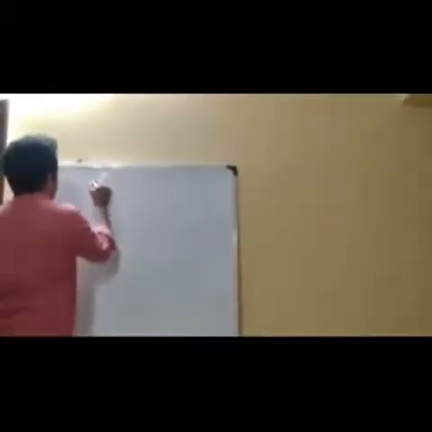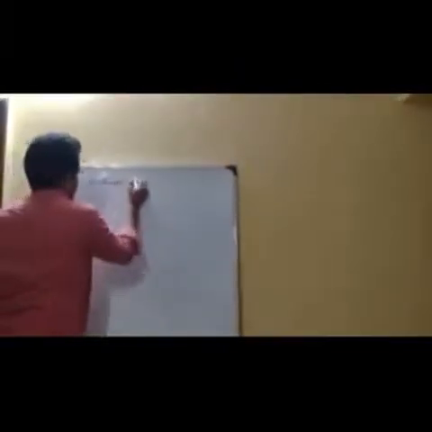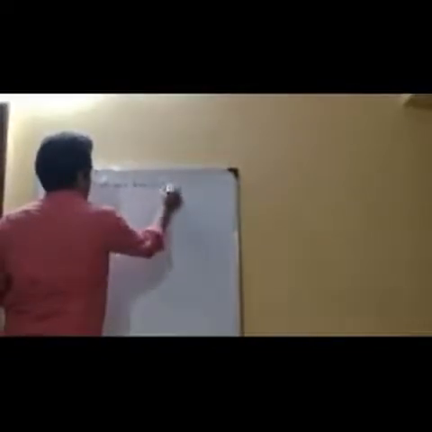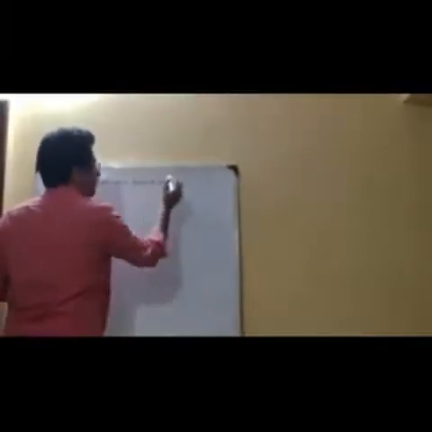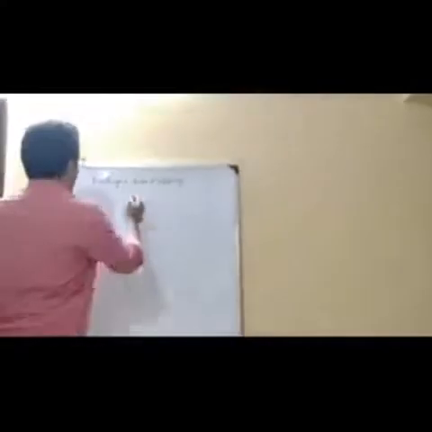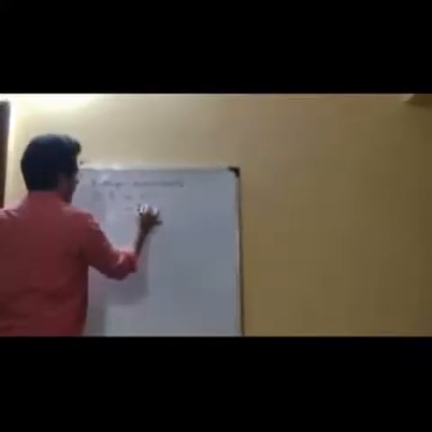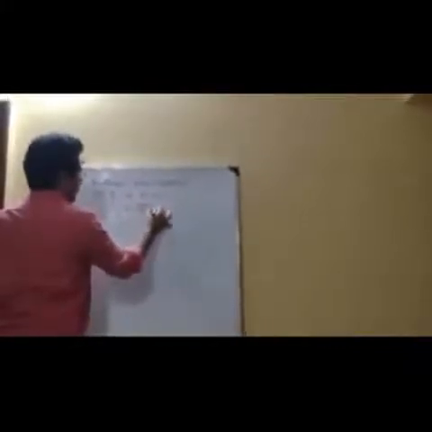Discharge is a very simple equation, Q equal to A into V. A means pi d square by 4.